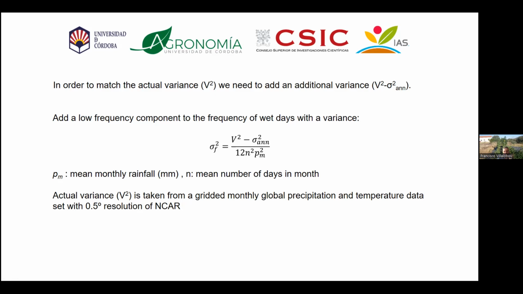So we have used that climatology to determine for each pixel around the world, for each location, the actual interannual variance of rainfall. And with that, we can correct the simulation or the generation of rainfall data.